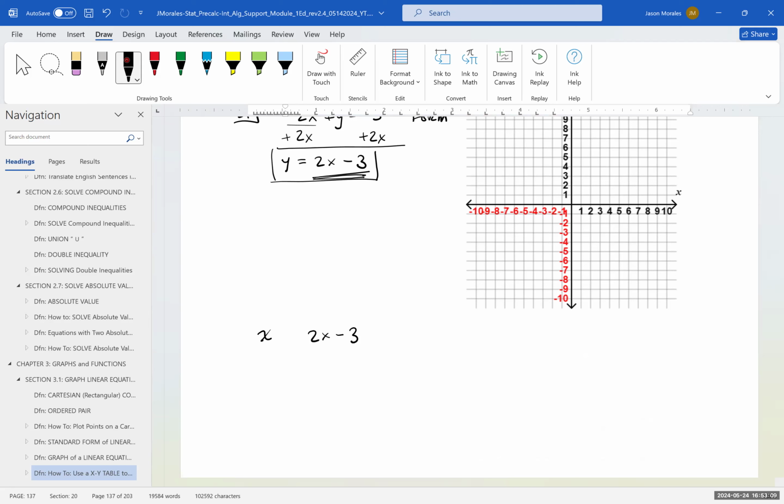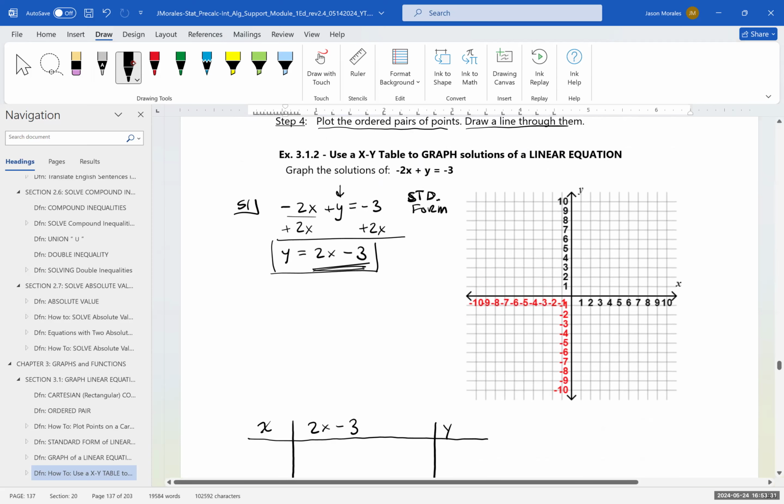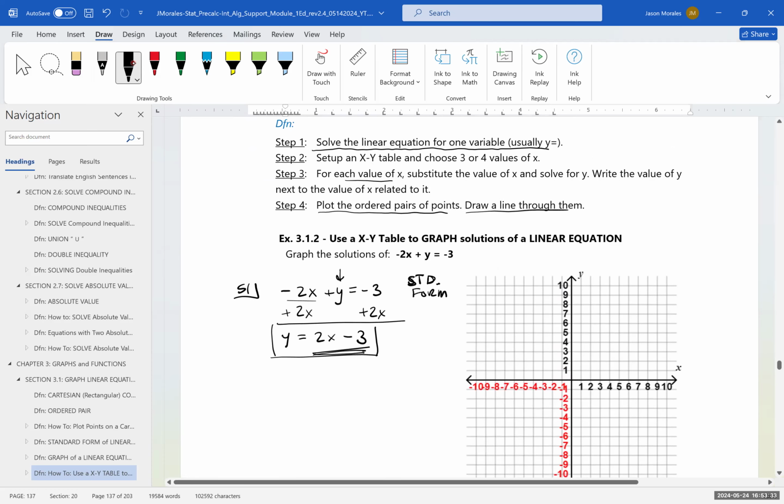And then we're going to have our related value of y. I'm setting it up this way so that you can more immediately see the relationship between x and y. All right, so we're starting to set up our XY table.